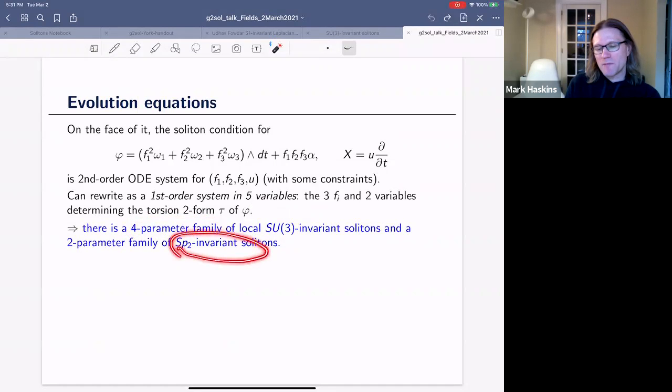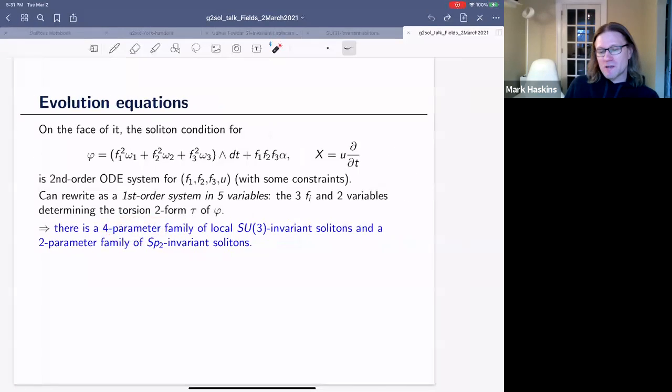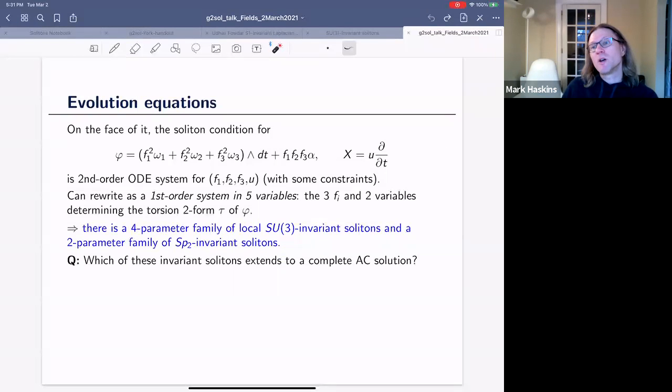And for T2 invariant things, I've got F1, F2, and then it turns out that there's only 1 component of the torsion in that case. So there's 3 variables, and so there's a 2-parameter family of solutions. And then the whole job is to try to understand which of these solutions actually extends globally.